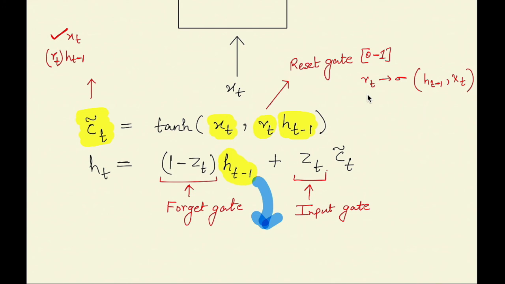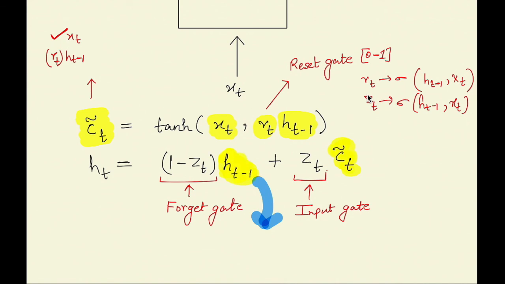So 1 minus zt acts as forget gate, and zt acts as input gate, and zt is also again some sigmoid function of ht minus 1 and xt. And so this is our new candidate c dash t, and this is our previous output.